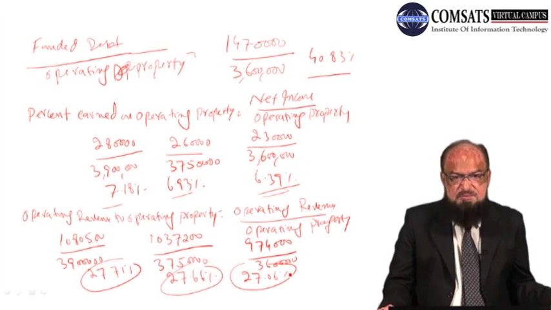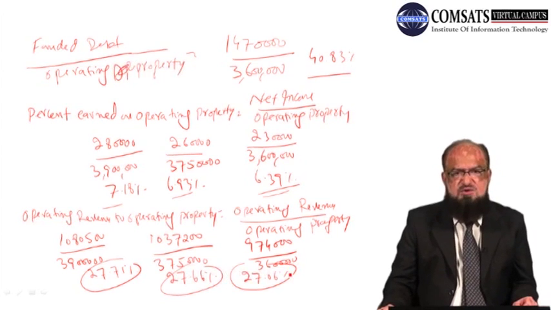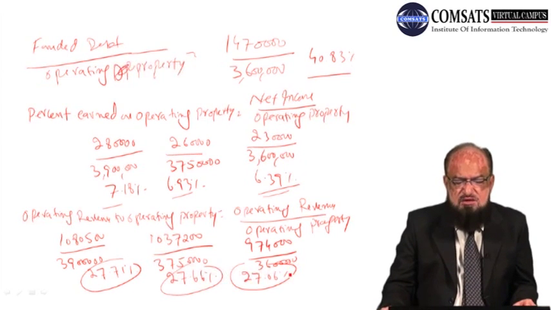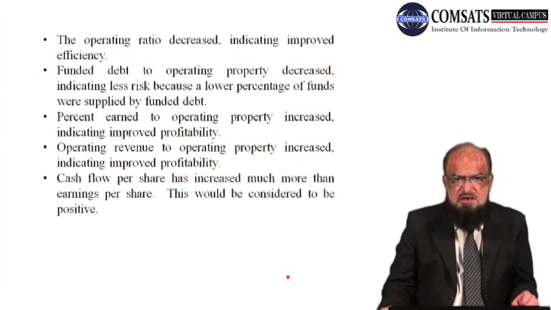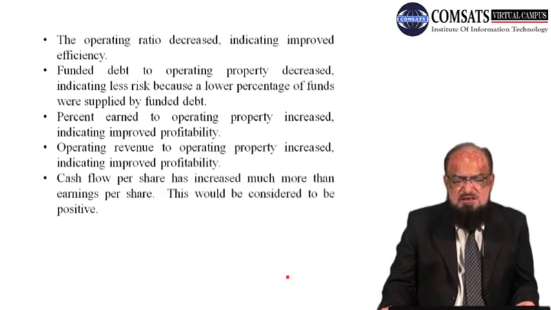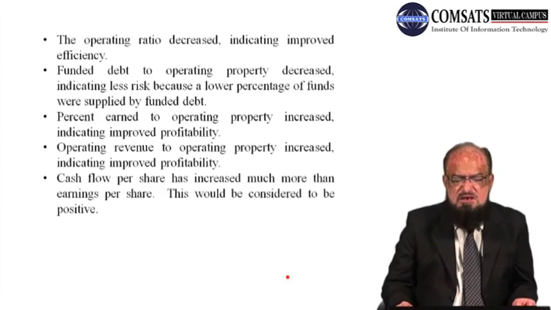So dear students, you can see the trend has changed. In 2004, operating revenue to operating property has increased to 27.71%. Now we will discuss the comments. The operating ratio decreased, indicating improved efficiency of the business. Funded debt to operating property decreased, indicating less risk because a lower percentage of funds were supplied by funded debt.